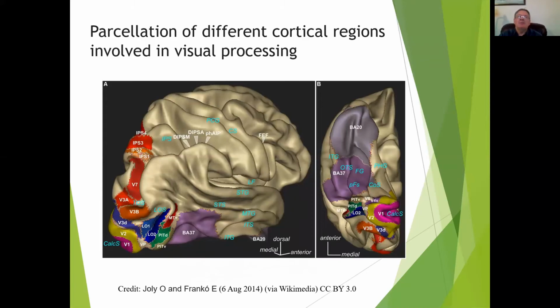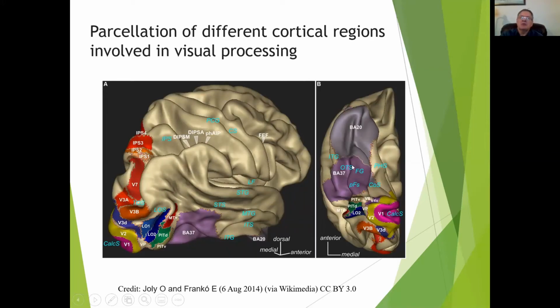Here you can see the parcellation, or dividing up, of different cortical regions involved in visual processing. This is not a great picture of the brain, but this is a lateral view, the temporal lobe here, the occipital lobe, and you can see all these colored regions are involved in visual processing.